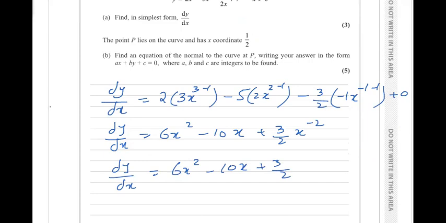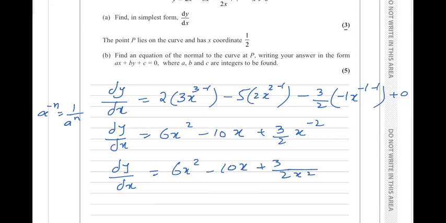If you remember in indices, we did that a to the power minus n we can write as 1 over a to the power n. To make this power positive, I can write x to the power 2 in the denominator. For further simplification, we can take the LCM or just leave it in this form. No need to simplify more, because it's only a 3 mark question, so it's enough to leave it till this point.